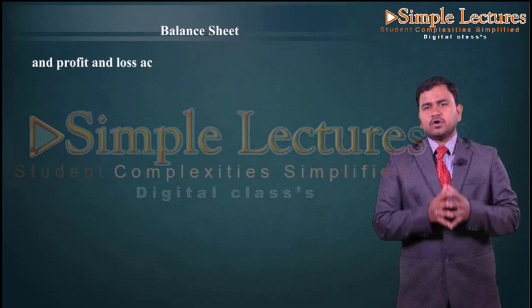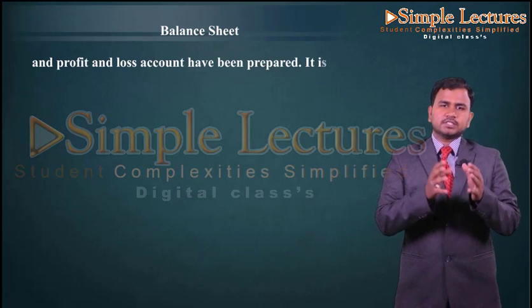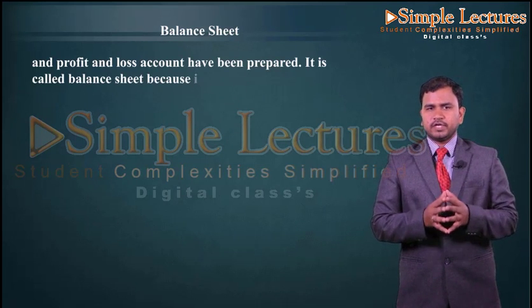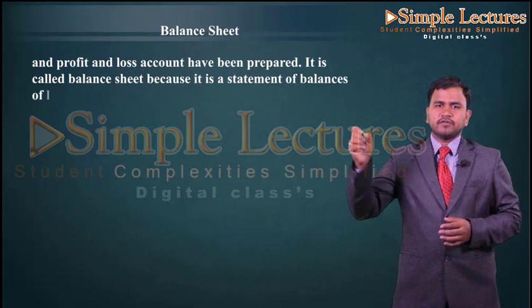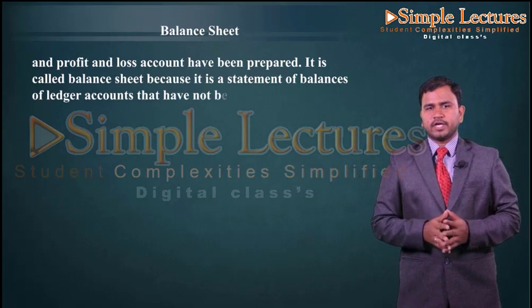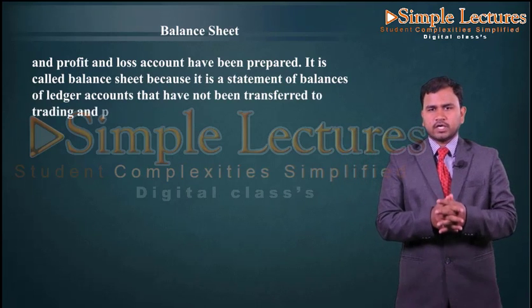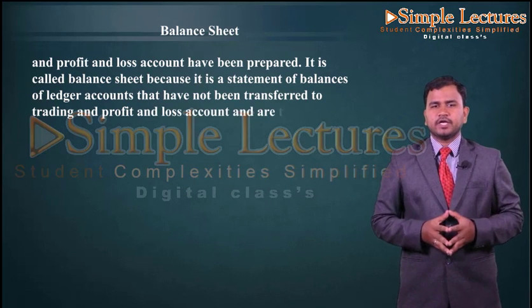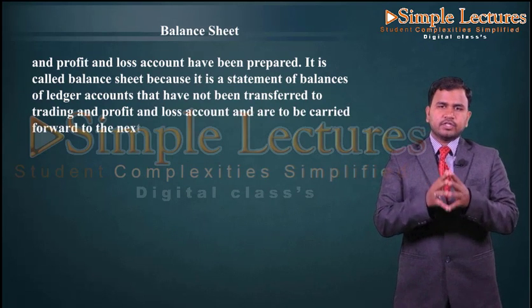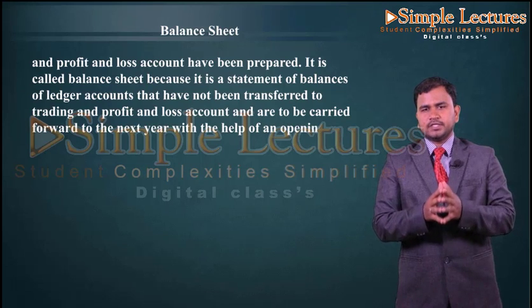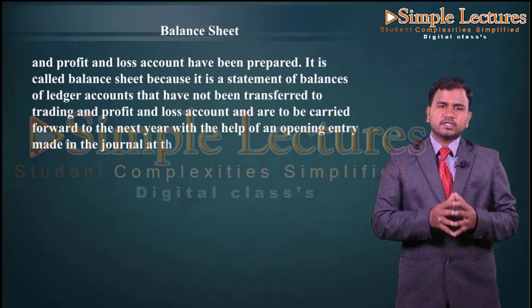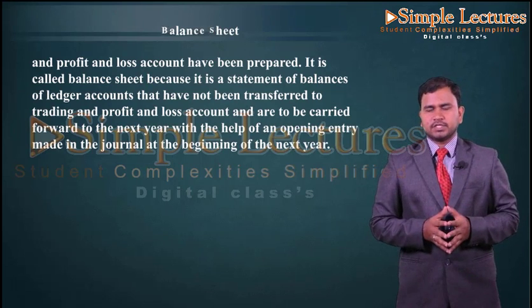And it is called balance sheet because it is a statement of balances of ledger accounts that have not been transferred to trading and profit and loss account and are to be carried forward to the next year with the help of opening entries made in the journal at the time of beginning of next year.